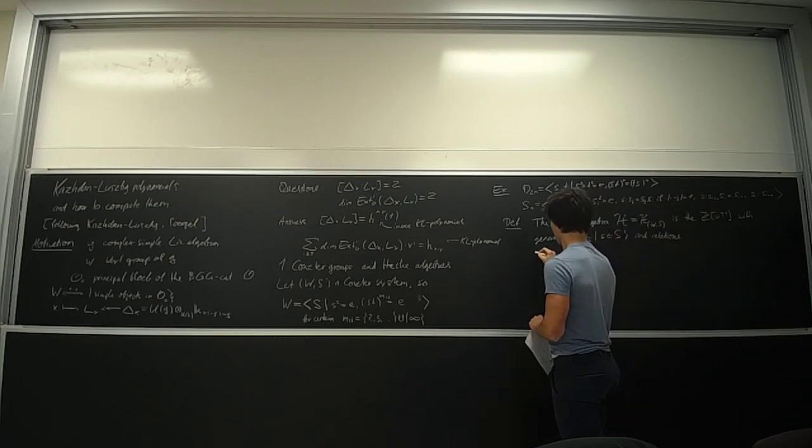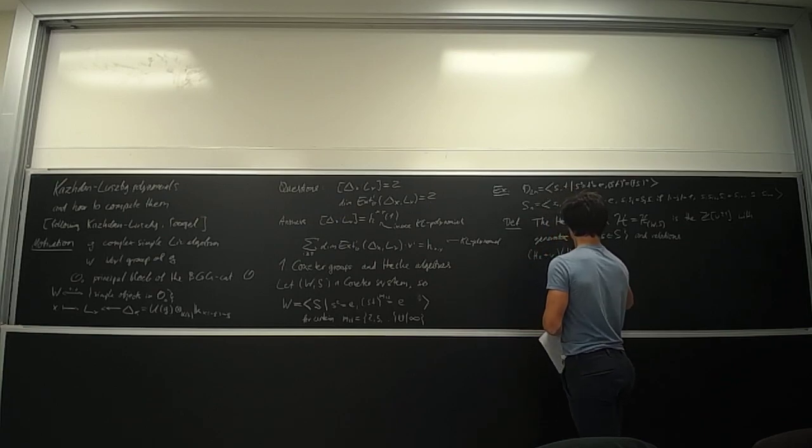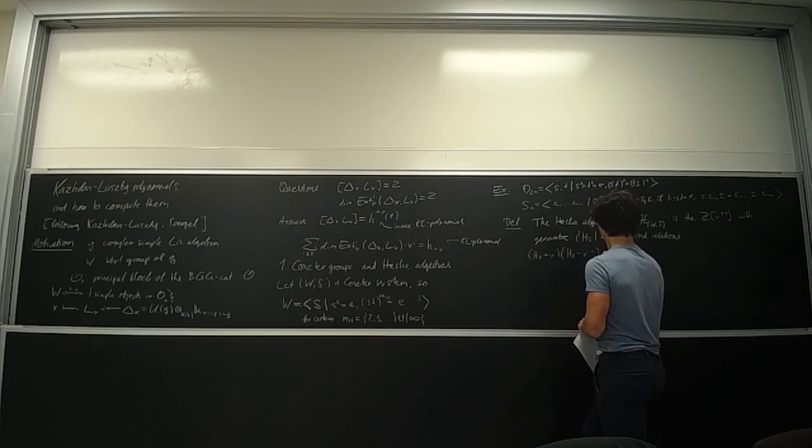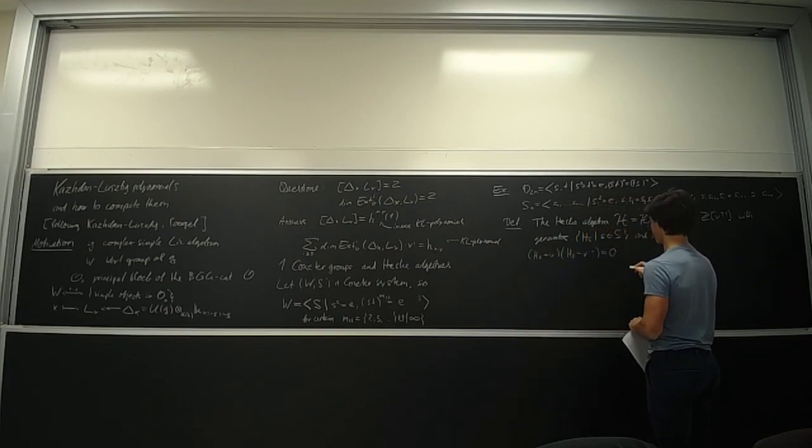First, there's a quadratic relation, which says that we should have (H_s + v)(H_s - v^{-1}) equal to 0 for all s. So this is the quadratic relation.